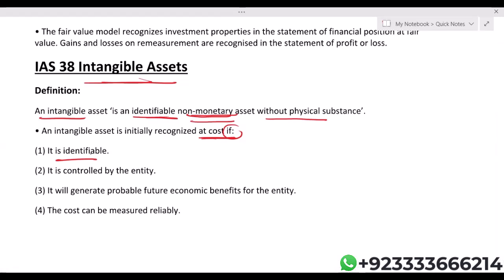That license is identifiable. Number 2, it is controlled by the entity. If you have acquired the license for export, obviously it is controlled by you. Number 3, it will generate probable future economic benefits for the entity. Probable means more than 50%, so there are more than 50% chances.